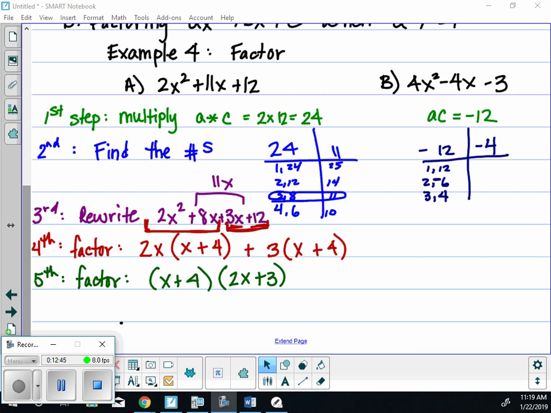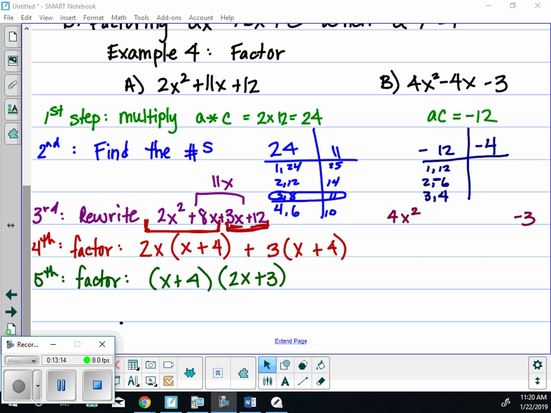But again, we're not just setting up our parentheses and putting things in, we have to rewrite. So we have 4x squared and then a minus 3 at the end. So do you think I want to put plus 2x here or minus 6x here?